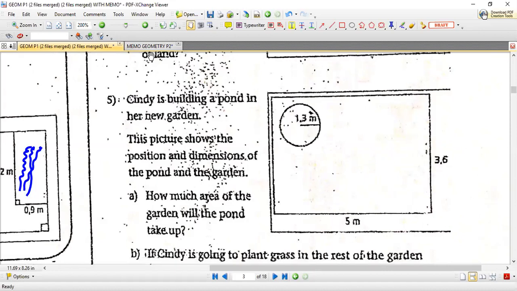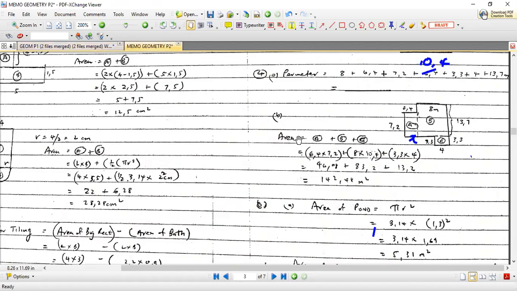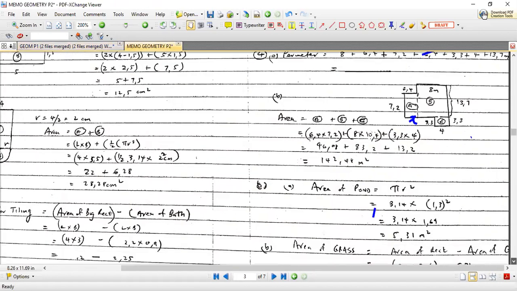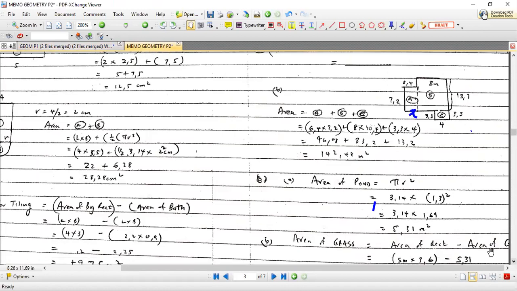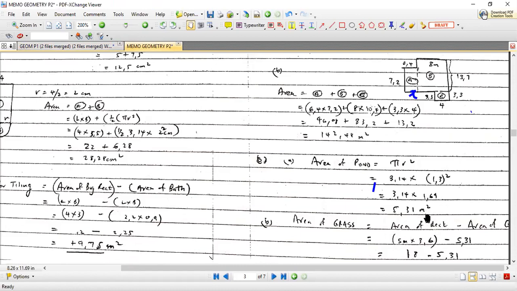So that involves finding the area of the pond, which will be 3,14 times r squared, which is 1.3 squared. Substituting that into our formula, we get 5,31 meters squared.